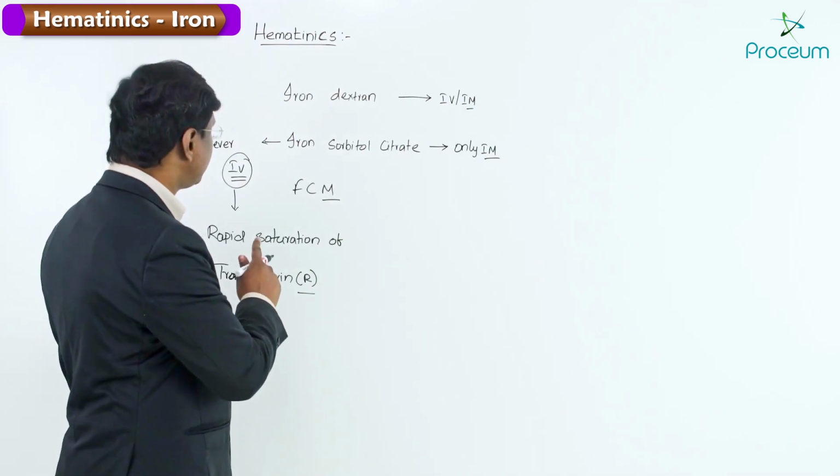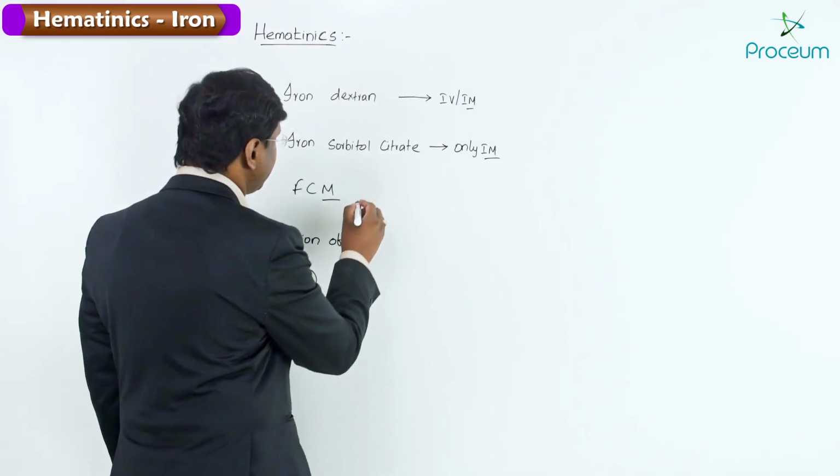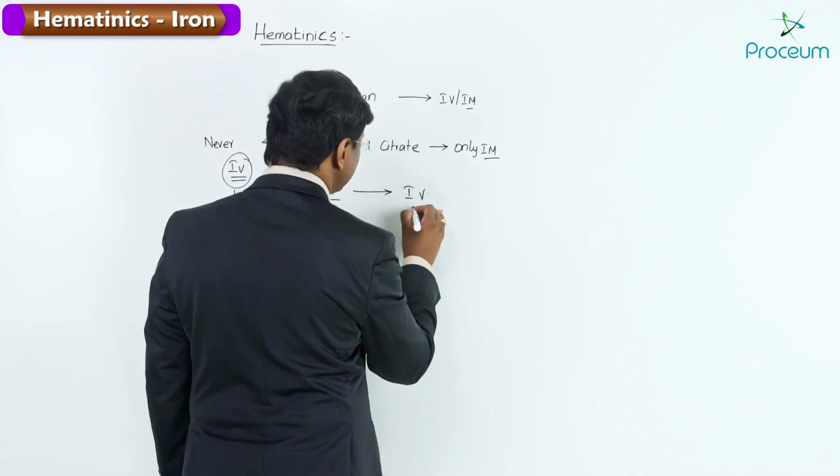So that is the reason why it should never be given through the intravenous route. And Ferric Carboxymaltose is given through the intravenous route.